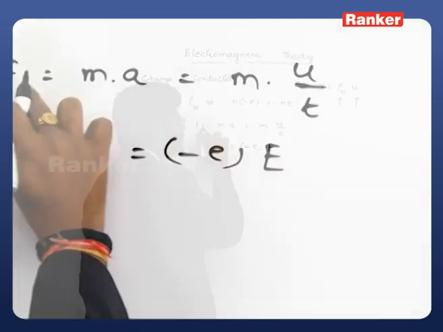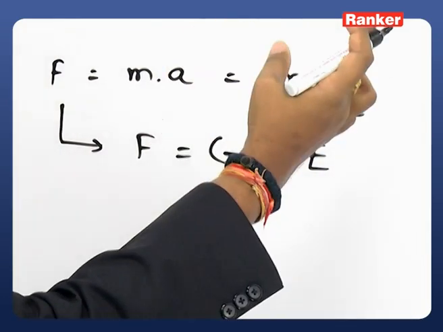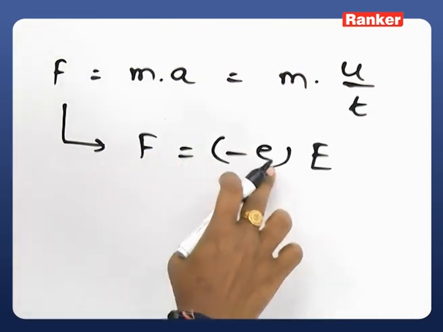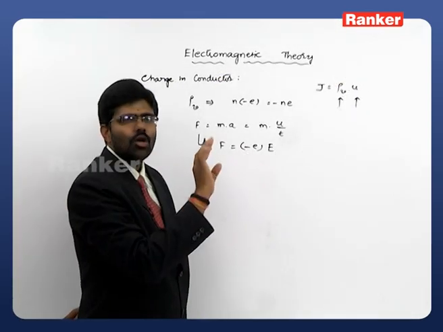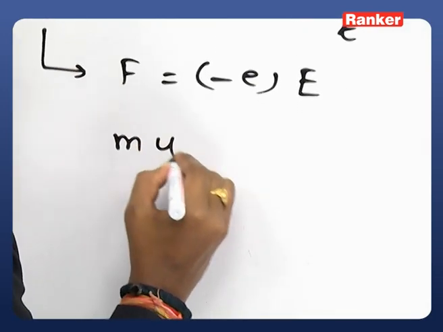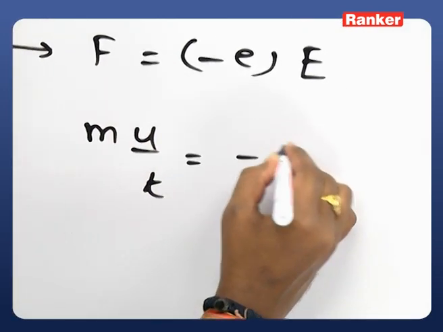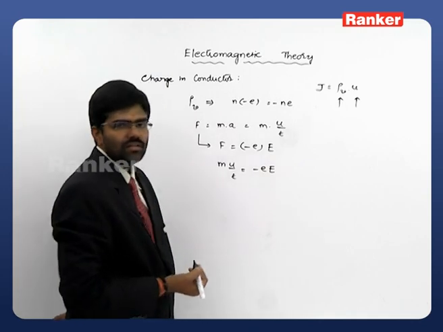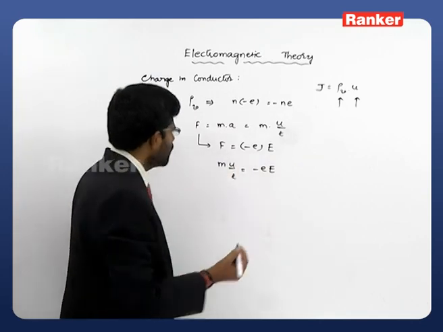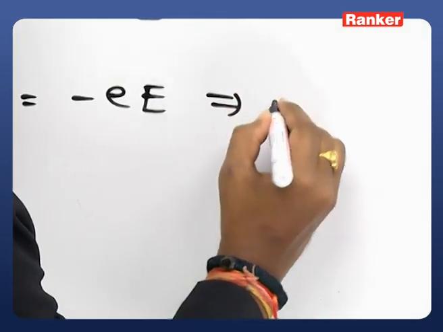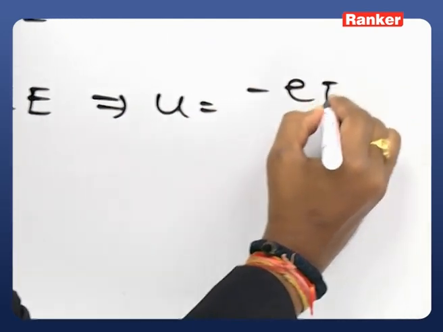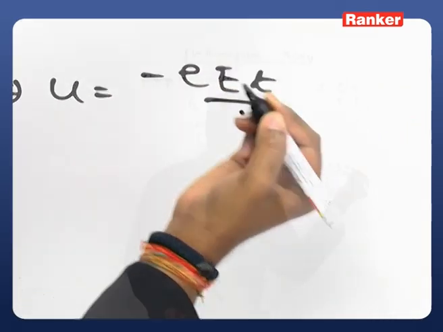One force is calculated from mass and acceleration, the other from charge and electric field intensity. Both are the same, so just make them equal: m u by t is equal to minus e E. From this, we obtain the velocity: u is equal to minus e E t by m.